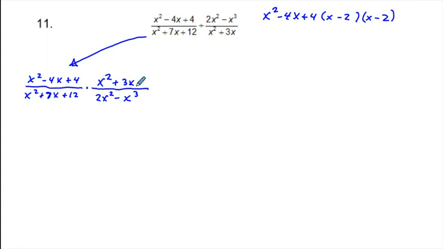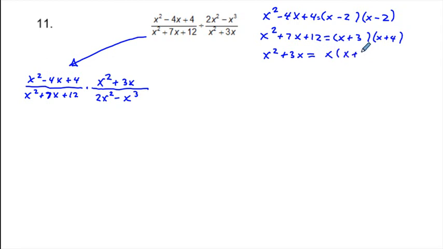That's going to be x squared plus 7x plus 12, which equals x plus 3 times x plus 4. Okay, and next we have this x squared plus 3x, which factors into x times quantity x plus 3.